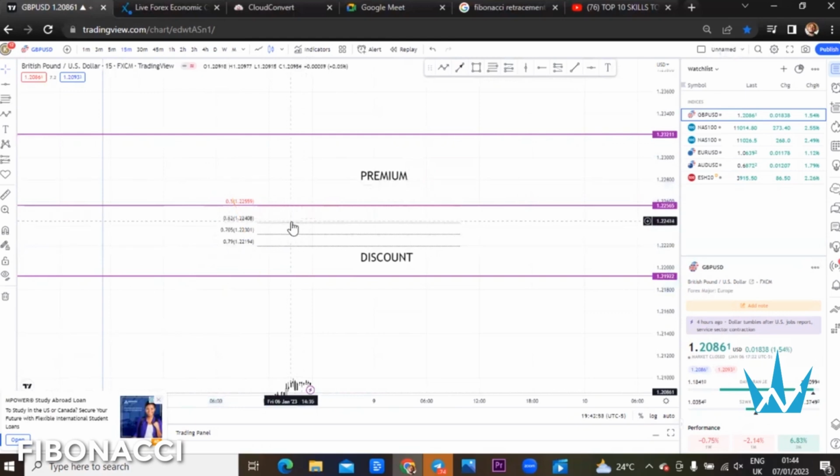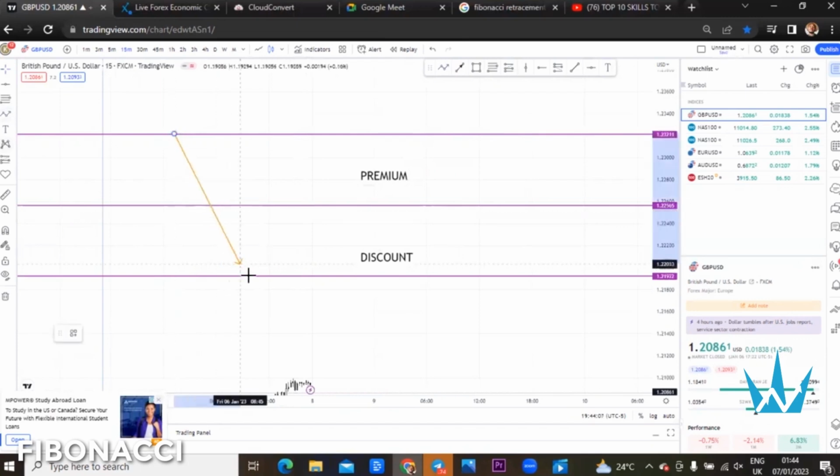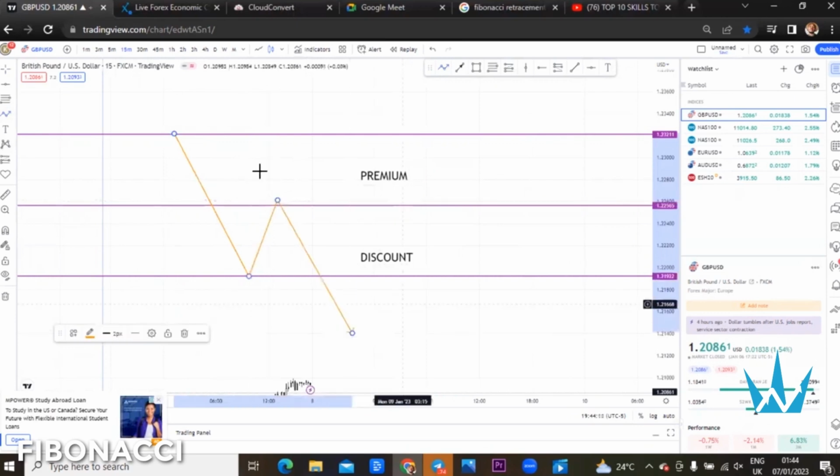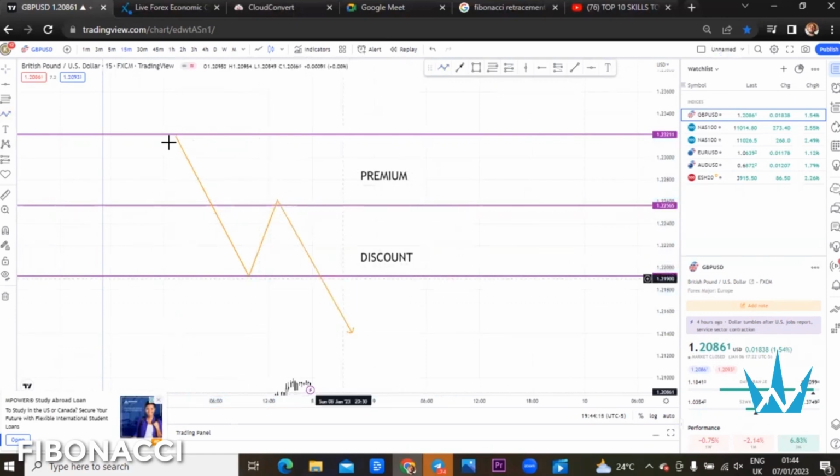For a downtrend market, if price is doing this, this is the first leg of the move, and this is the retracement, and this is the result. The first leg of the move is the impulse. Remember, it's a downtrend. This is what is facing down. This is a minor retracement or a counter trend. This is another main move.